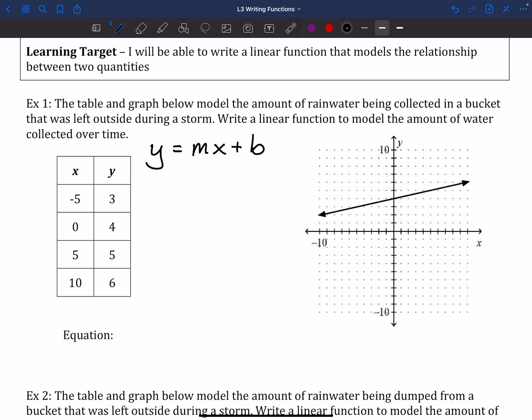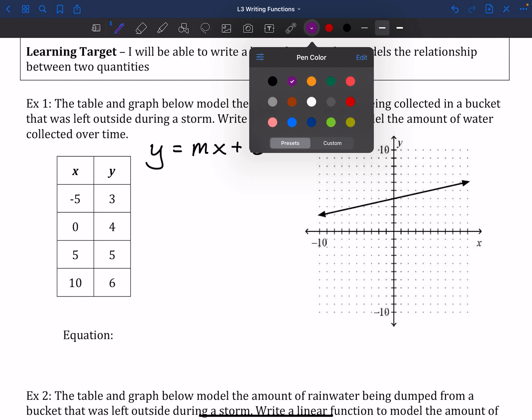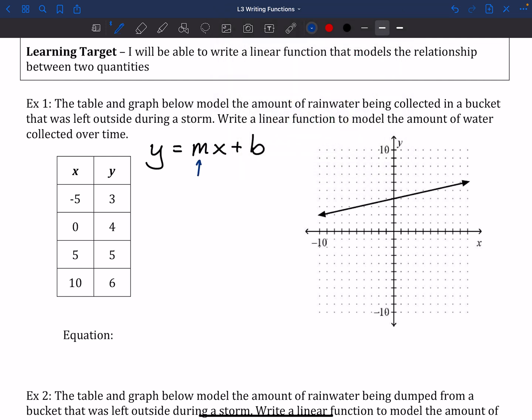When we're talking about slope-intercept form, the slope is that letter m hanging out in the middle. The other piece, this b that's hanging off the end, is our y-intercept. So we have an intercept and a slope. That's why we call it slope-intercept.